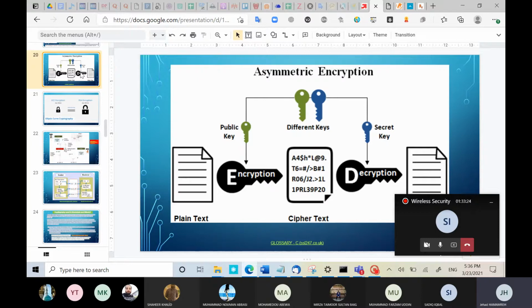If your friend wants to send you something, he has to get your public key and encrypt the message with it, and then you, with your own private key, can decrypt the message. If you want to sign something and authenticate that you are the owner of the message, then you use a digital signature. So in asymmetric encryption, you use two different types of keys, private and public.